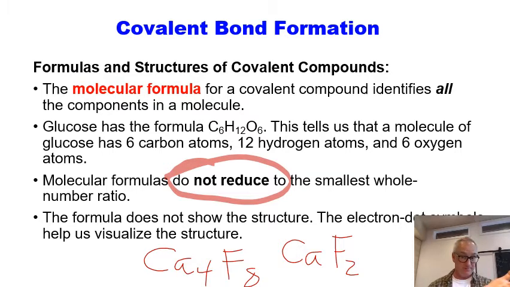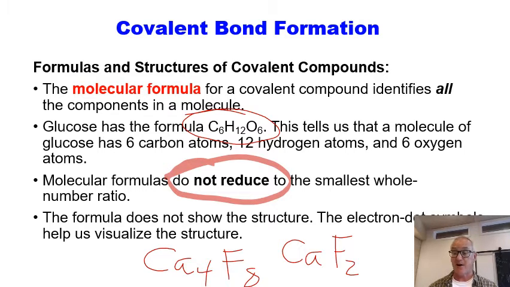Like I just showed you, carbon can share electrons. It can make double bonds, it can make single bonds, it can make triple bonds. So when you have a molecular formula for a covalent compound, all those atoms are present in the number given. So glucose has this formula, C6H12O6. I can't reduce that to CH2O because that's not the formula for glucose.